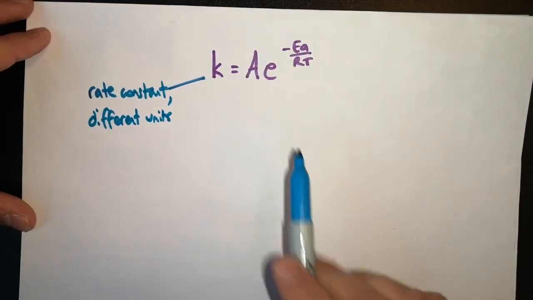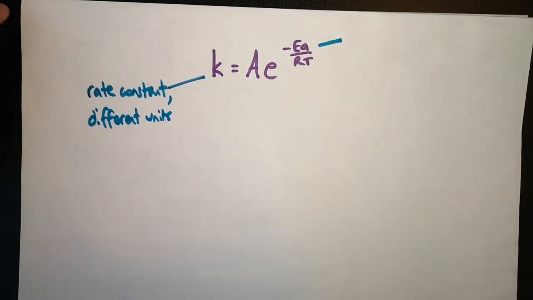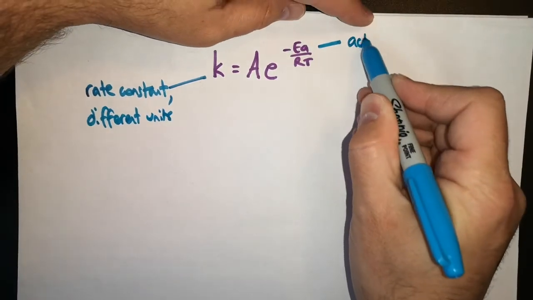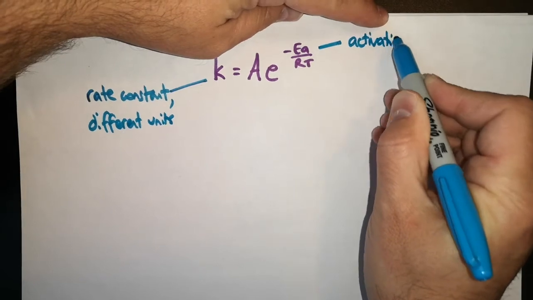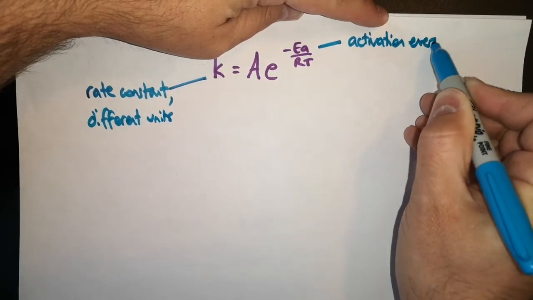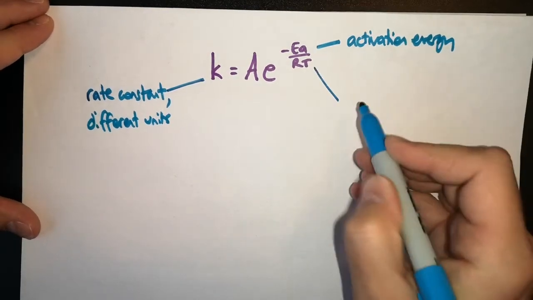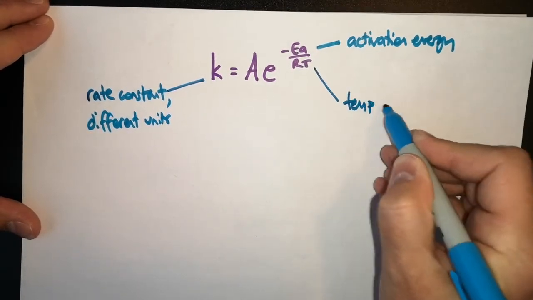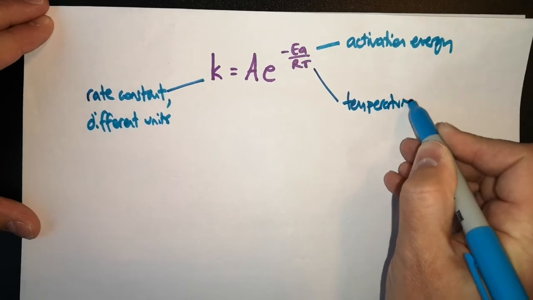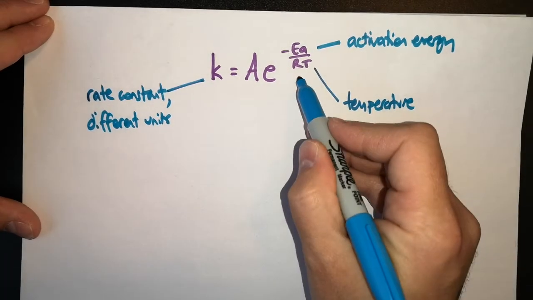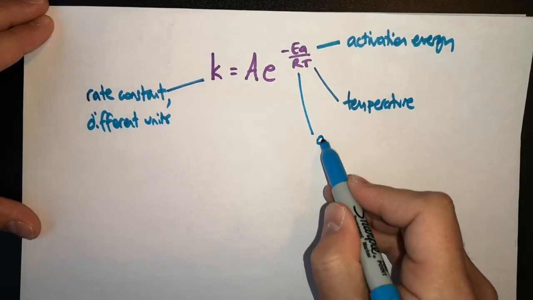On this side, we should recognise activation energy, and normally that has units of kilojoules per mole. I'll come back to that. We should also recognise temperature, and R we've seen before, which is the gas constant.